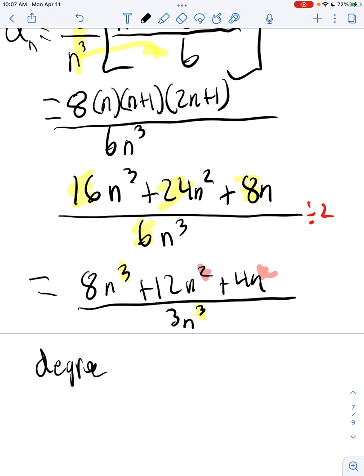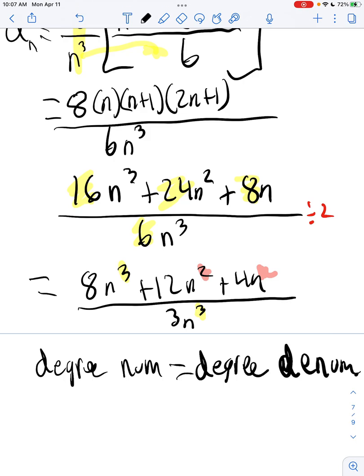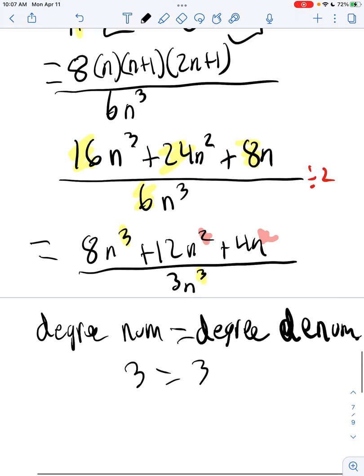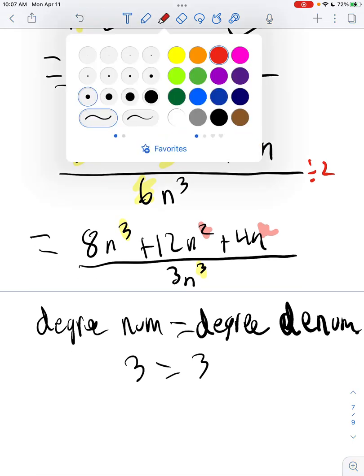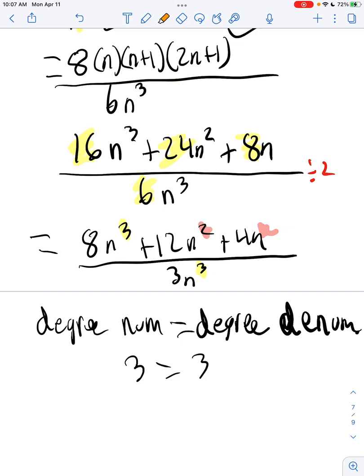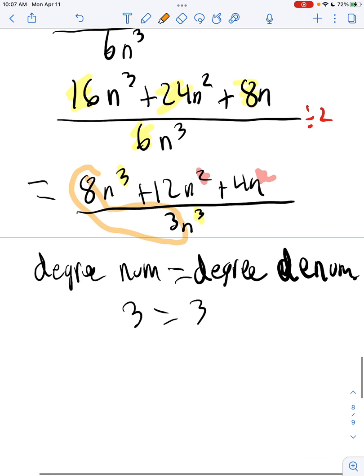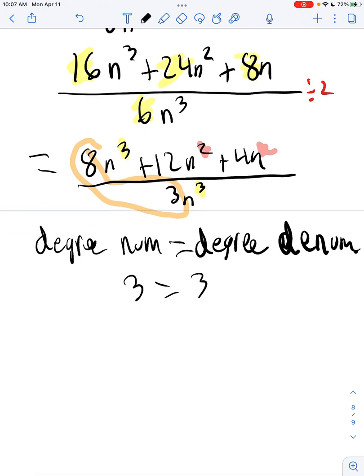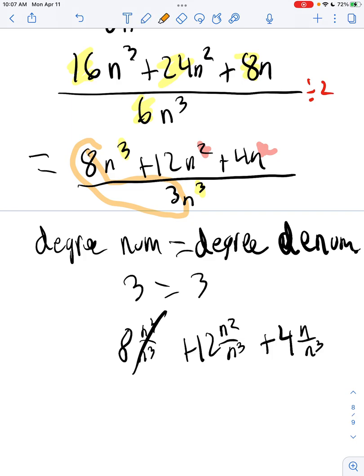When the degree of the numerator, which is 3, equals the degree of the denominator, which is also 3, then we can just compare our coefficients, and we know that's going to be our answer because it would be the same as when we divide by n to the third on each term. So if we divide by n to the third on each term, n to the third over n to the third cancels out.